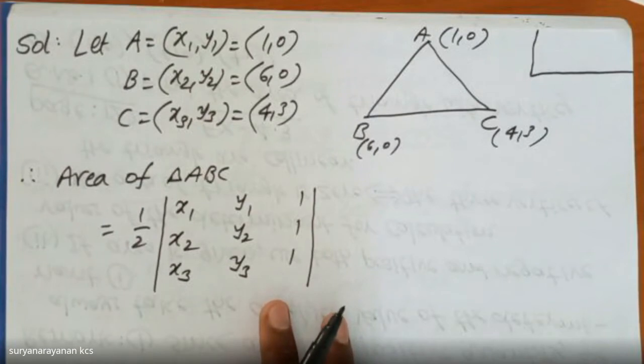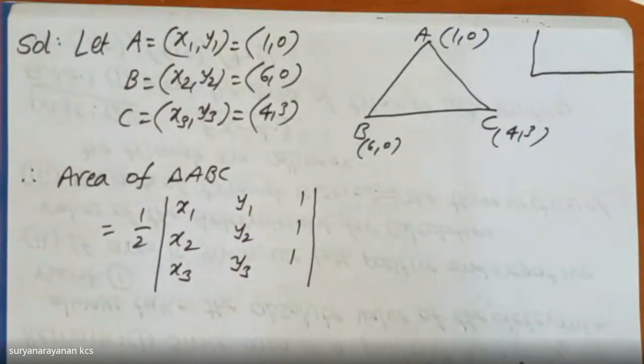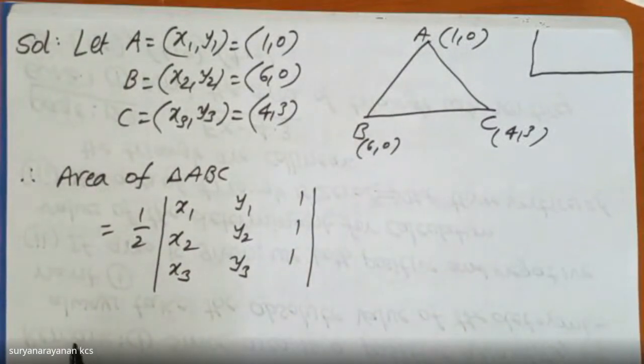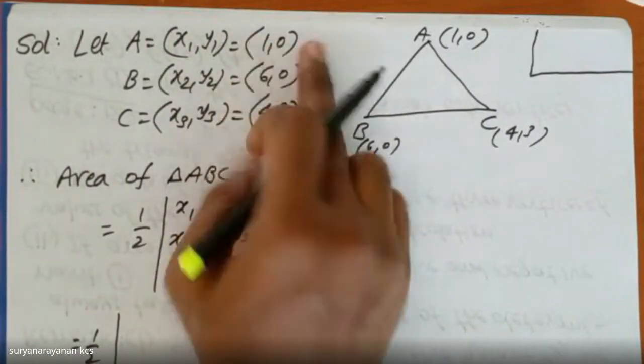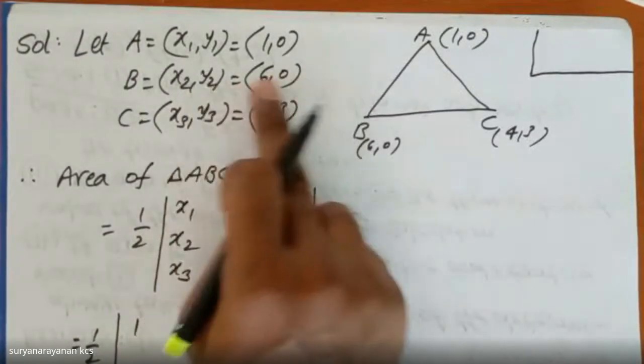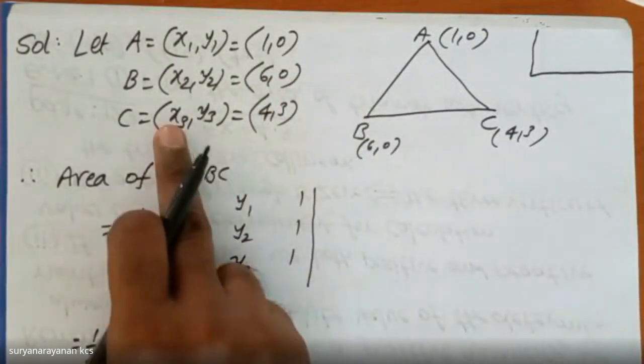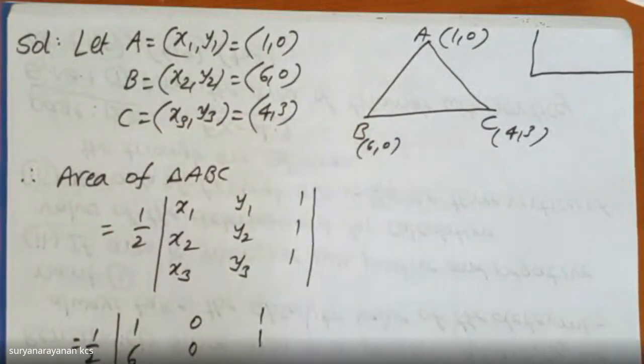Substitute x1, y1 as 1, 0, 1. x2, y2 as 6, 0, 1. x3, y3 as 4, 3, 1.